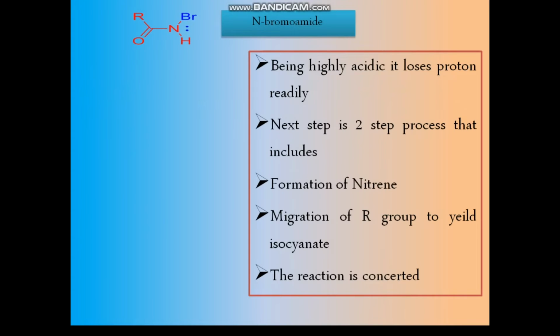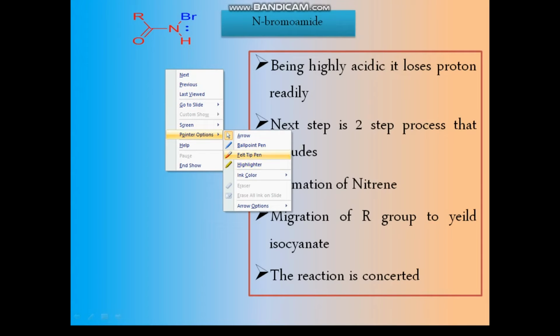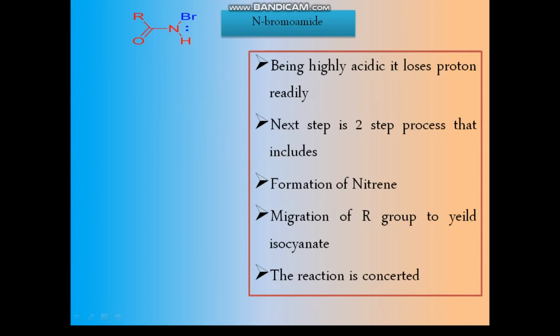Now that doesn't end the story. We need to understand how the isocyanate came into the picture. To that, let's do it this way. Let's say one more time it is affected by the base capturing the proton, leading to the formation of this nitrogen type of species. Now after this, what might happen?